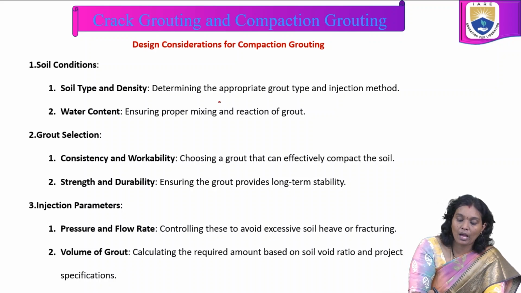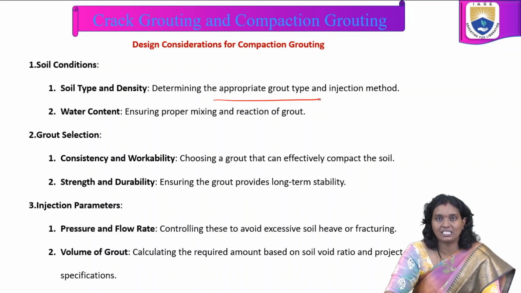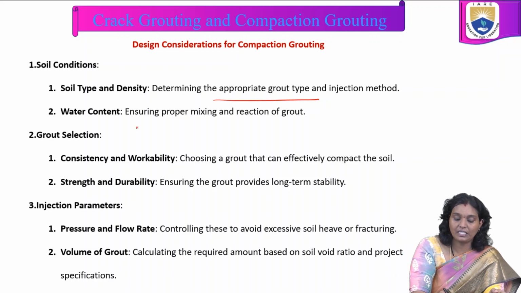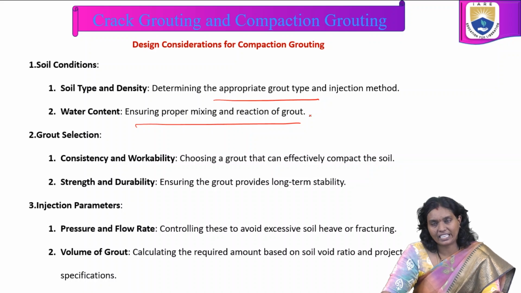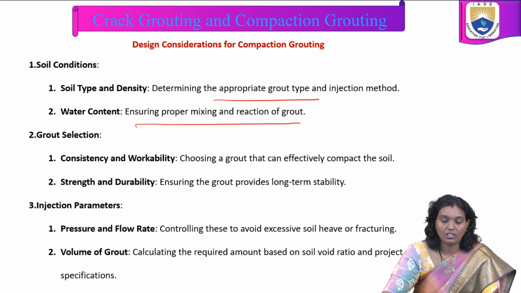So, determine the appropriate grout type and injection method depending upon the soil type and its density. Ensuring proper mixing and reaction of grout depends upon the water content or percentage of moisture content for compaction grouting.